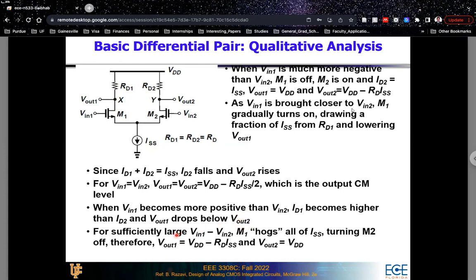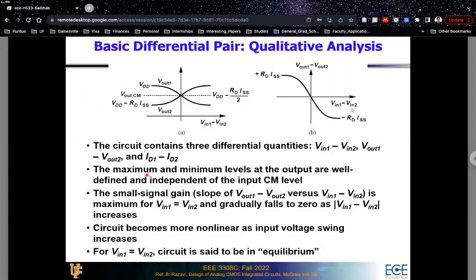And again, when you have a sufficiently large Vin1 minus Vin2, M1 will start drawing all the current, because M2 will become off and M1 will be on, as Vin1 is much, much larger than Vin2. But always you have to keep all the transistors in saturation. We'll come to that. But assuming that all the transistors are in saturation, when Vin1 is much larger than Vin2, M1 will start hogging all the current ISS, and M2 will turn off. In that case, Vout1 will be equal to VDD minus RD ISS, and Vout2 will be equal to VDD.